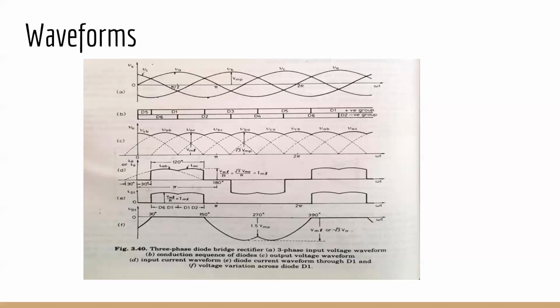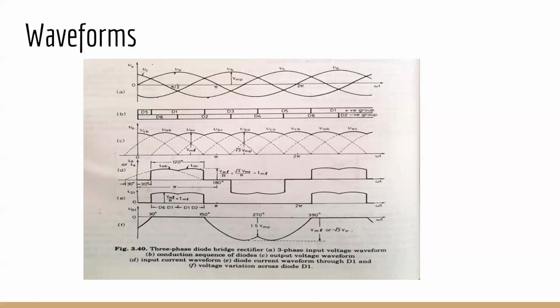Conduction of D5 connects load terminal P to line terminal C. Similarly, conduction of D6 connects load terminal Q to line terminal B. As a result, load voltage VPQ equals V naught equals line voltage VCB, first positive subscript corresponding to C and second negative subscript corresponding to B, from omega t equals 0 degree to omega t equals 30 degree.